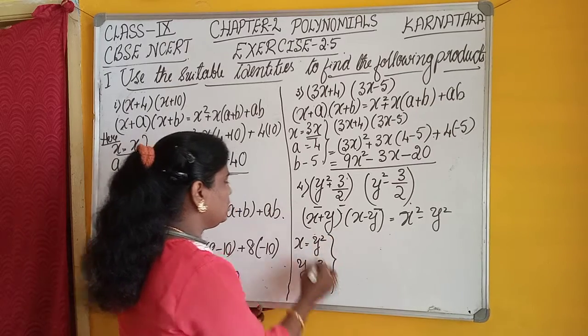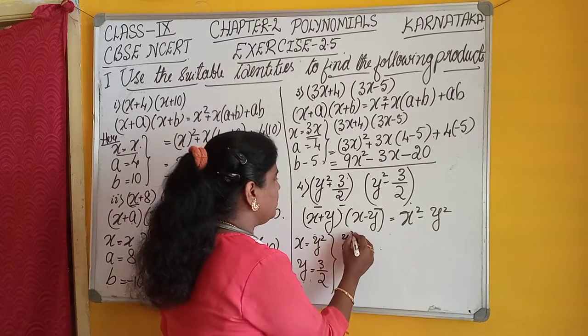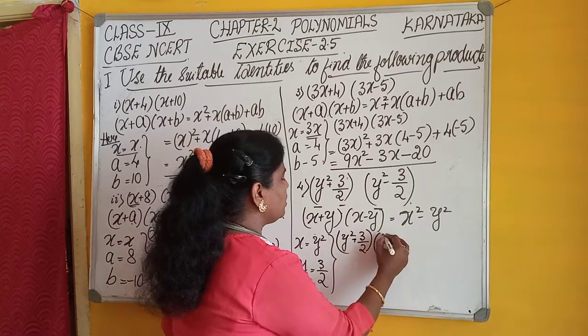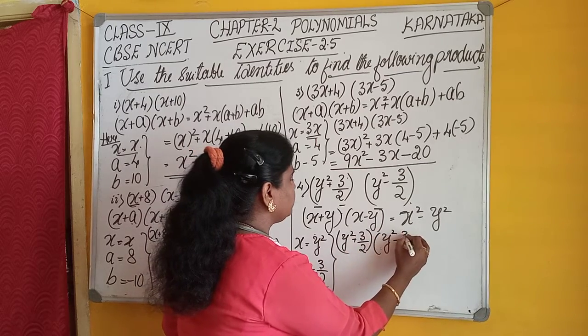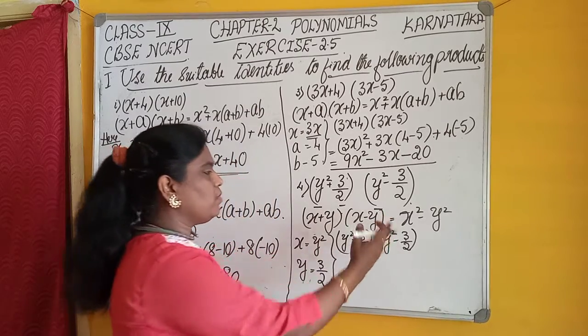Now substituting these values in the formula, y square plus 3 by 2 into y square minus 3 by 2 is equal to x square minus y square.